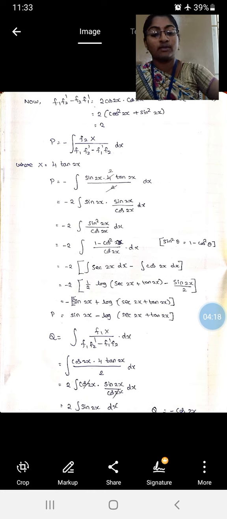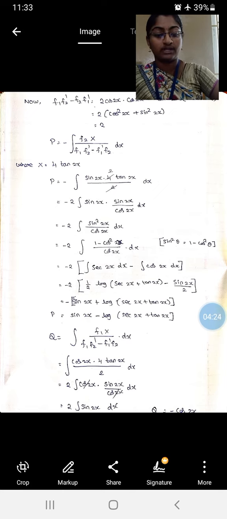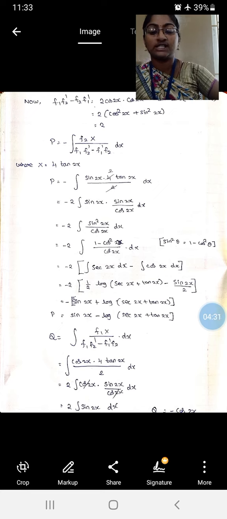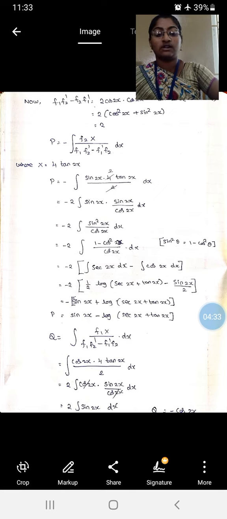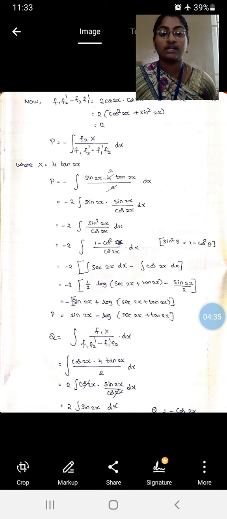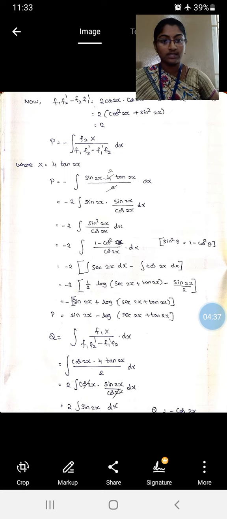Take 2 common outside, so we get in the first term cos square 2x. Next, minus into minus becomes plus, sin 2x into sin 2x becomes sin square 2x. We already took this 2 as common outside. We know that cos square x plus sin square x is 1, so cos square 2x plus sin square 2x is equal to 1. So our answer will become 2.